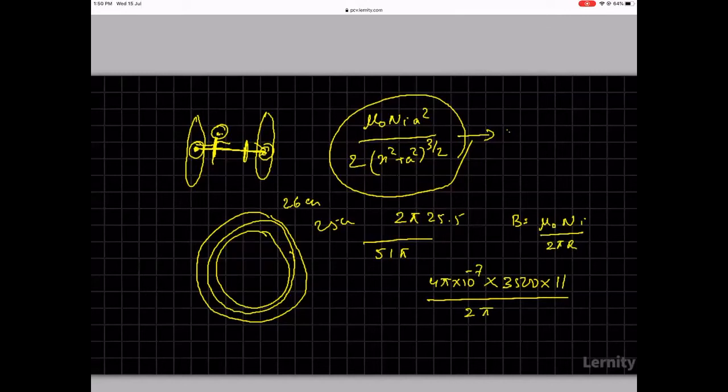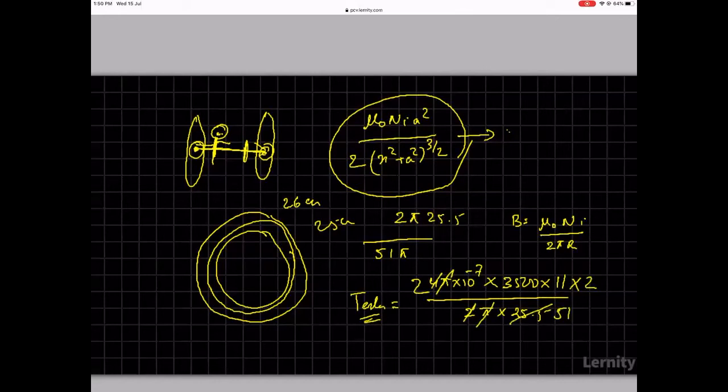R is 25.5, so 2 pi into 25.5. Here pi gets cancelled, and the 2 will go here 2 times. So now I need to work this out. This is like 51 into 2, and now I can work this out. So this gives me the answer in Tesla. Tesla is the unit of magnetic field.